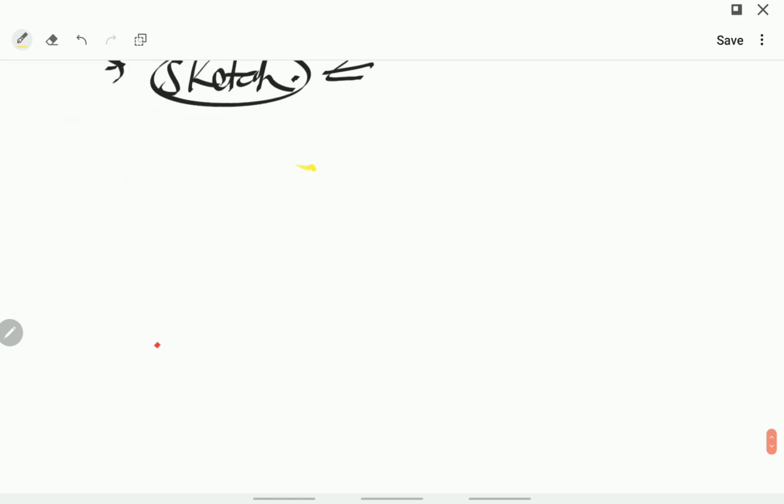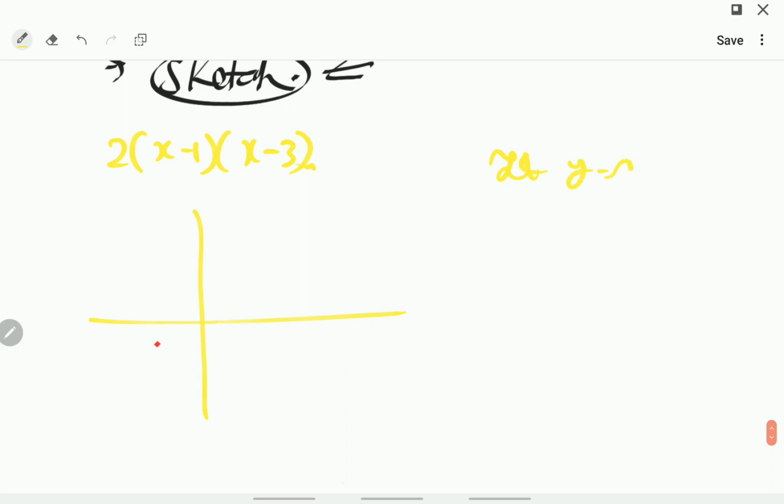Let's suppose they're asking us about y equals 2 times x minus 1 times x minus 3. Well, we know that this is going to lie somewhere. Let's firstly let y equal 0. When you let y equal 0, you can say that 2 times x minus 1 times x minus 3 equals 0. So either x minus 1 is equal to 0 or x minus 3 is equal to 0.